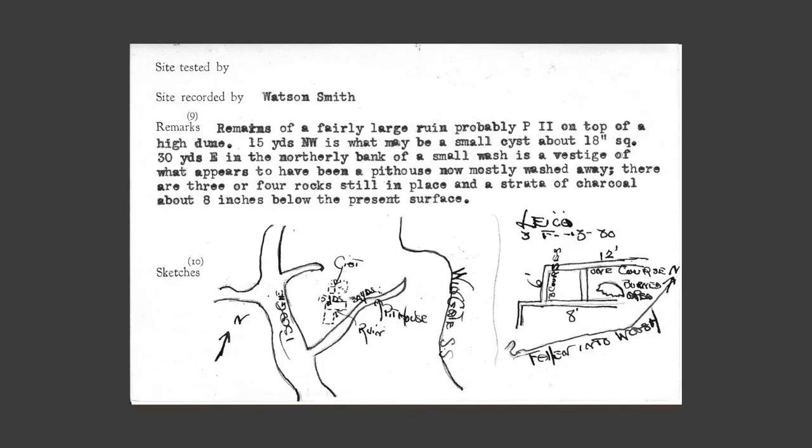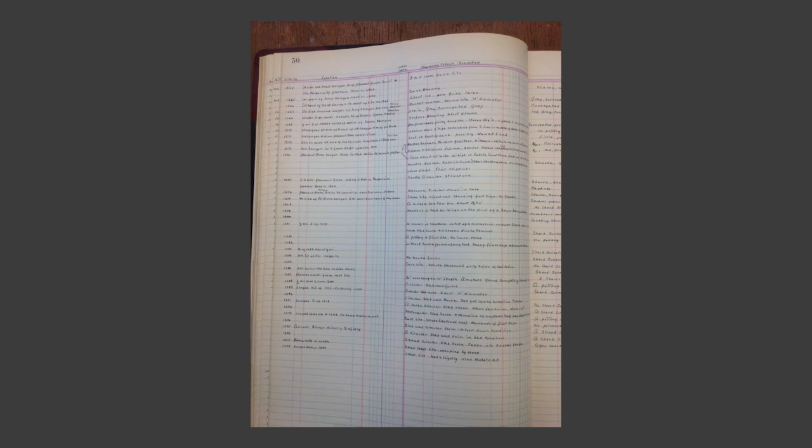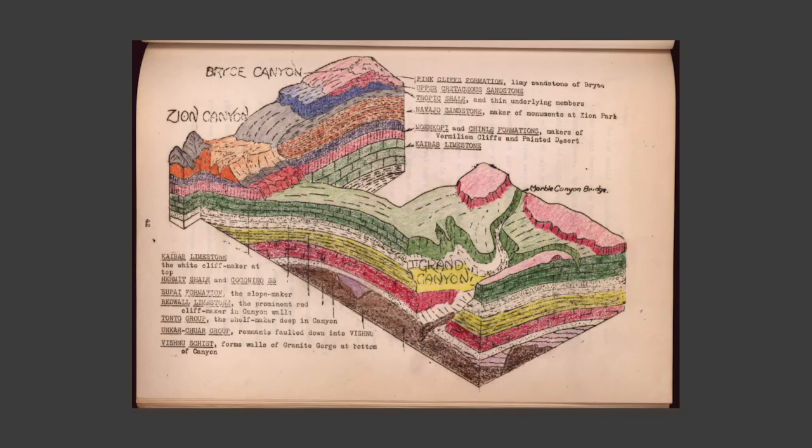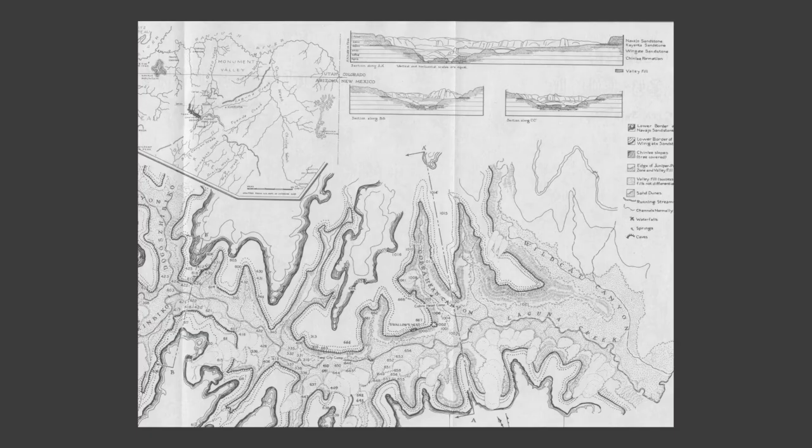These are field surveys, site surveys. This is one by Watson Smith. This is the kind of information they compiled. This is a log of all the sites listed here, where they were located, what they found. This is a section of geological rock formations of the area. These are maps that were done of the different canyons.